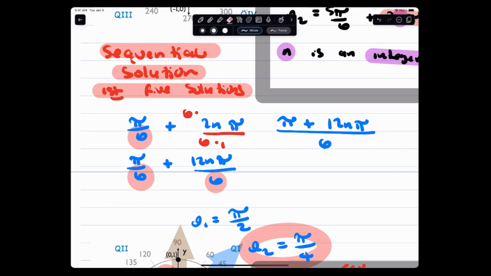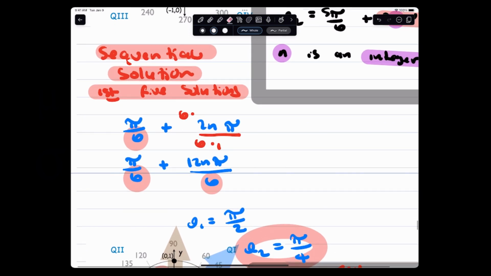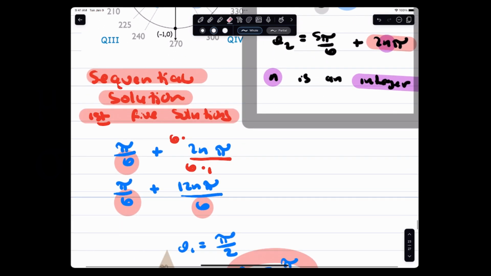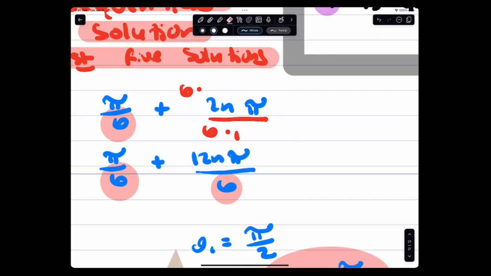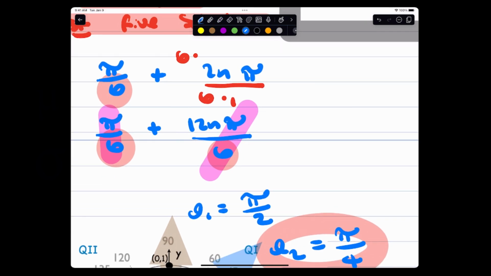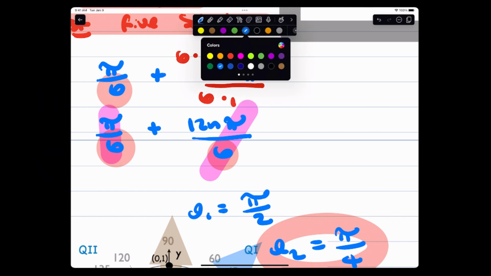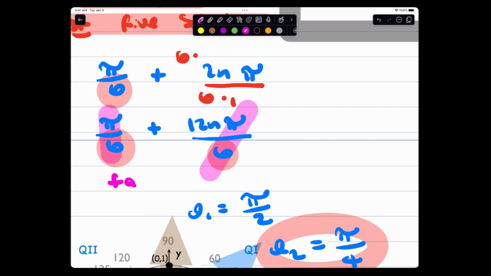Well, how about this? We're going to do something a little bit different at this point. Don't add those here. Okay? Let's leave it at this. Yes, we're adding, but we're going to leave it like this. What I want you guys to do here is, I'm going to try to find a nice color, maybe pink. You see that fraction, pi over 6? Don't add. I want you guys to factor that out. Factor out this common term in pink. Factor out your pi over 6.